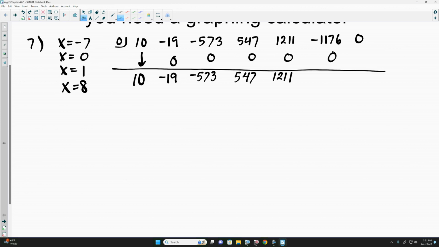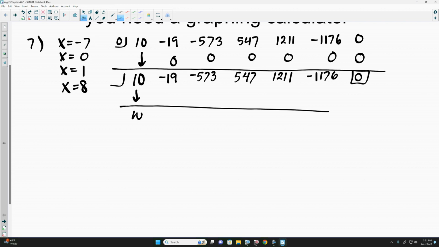Multiplied by 0, we get 0. We add -1,176. Negative 1,176 plus 0 is negative 1,176. Multiplied by 0, we get 0. And 0 plus 0 is 0. So we ended up just recopying the whole line down, but it is 1 less.